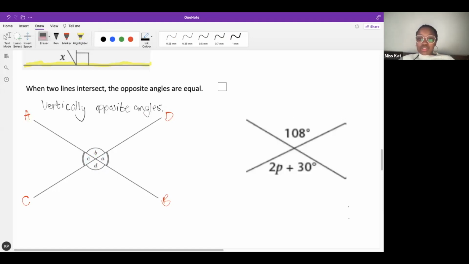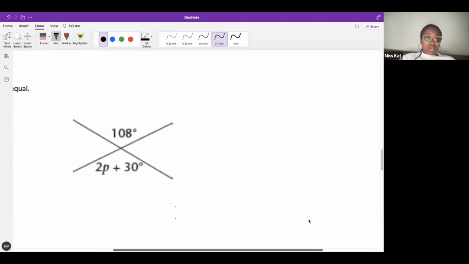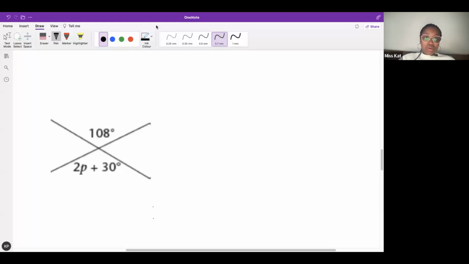Cool. Now let's do this one on the side before our brain break. How would we do this one? It says 108, and on the other side, there's a 2p plus 30. 2p is equal to 70.